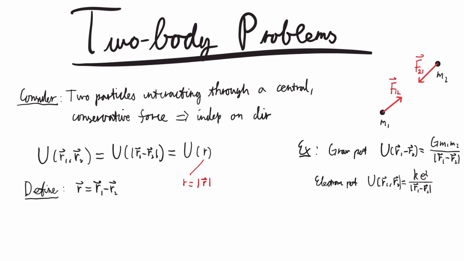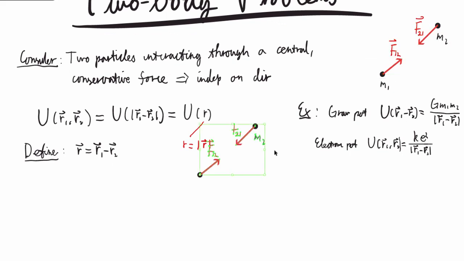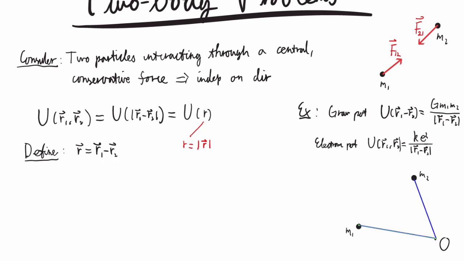Okay, so this sketch here shows the relationship between the position R1 of mass 1, R2 of mass 2, and the relative position vector r.